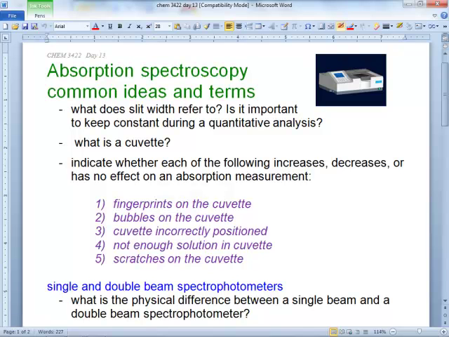Okay, so does it seem like, Sandy, that slit width is something to keep constant during a quantitative analysis? Why? Does anybody know why?